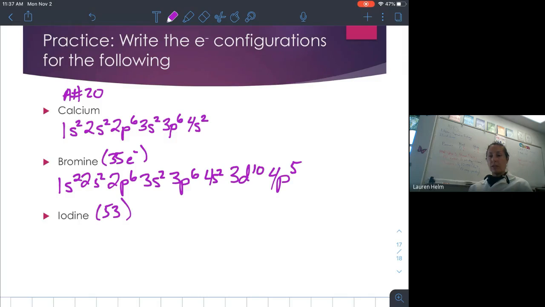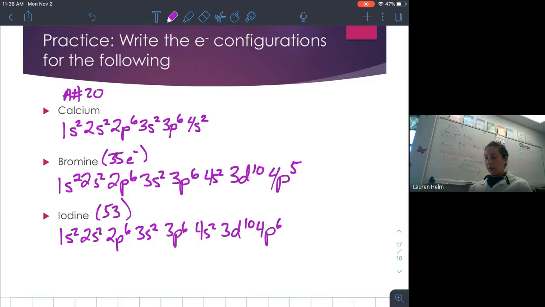Remember, I'm referencing that filling order document. 1s2, 2s2, 2p6, 3s2, 3p6, 4s2, 3d10, 4p6, 5s2, 4d10, 5p5.